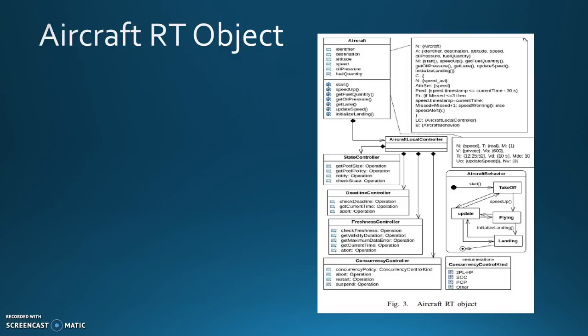So this is an example of an aircraft real-time object. As we mentioned earlier, there are different attributes for the real-time attributes. For example, here you can see in the aircraft class there is an attribute here: identifier, destination, altitude, and so on, where N is aircraft.